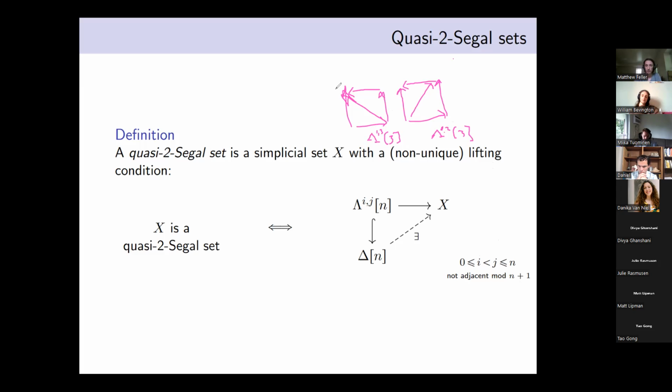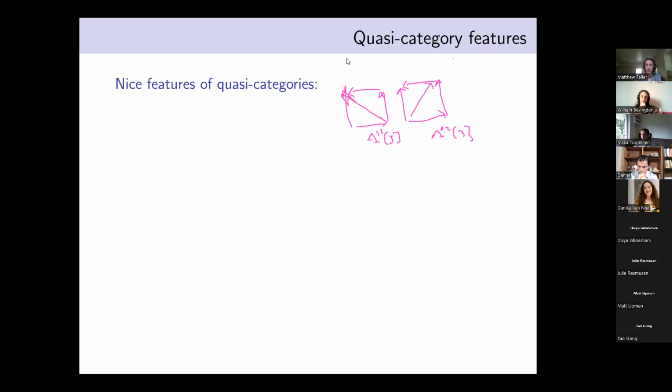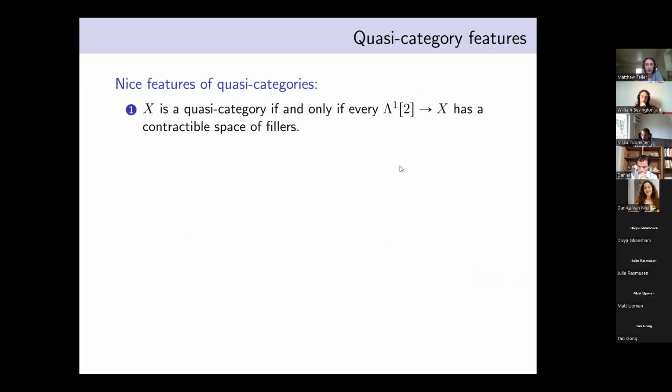This turns out to work out, and a lot of the nice things that happen with quasi-categories actually happen with these quasi-2-Segal sets as well. So let me run through some of those properties.